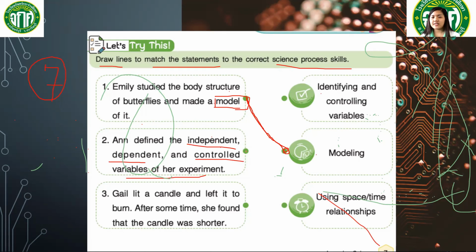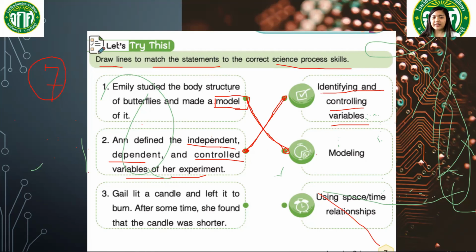So what do you think is the answer? Is it number 1 or number 3? The answer for number 2 is the first one, because we are identifying and controlling variables. All right, please answer your book now.